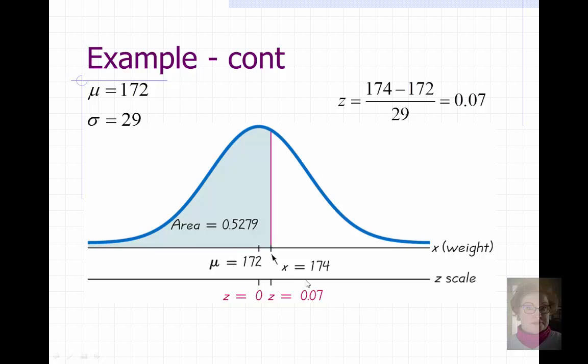You can see that our weight of 174 is slightly above the mean, and the area to the left of it is 0.5279, which translates to the probability that one person will weigh 174 or less being about 53%.